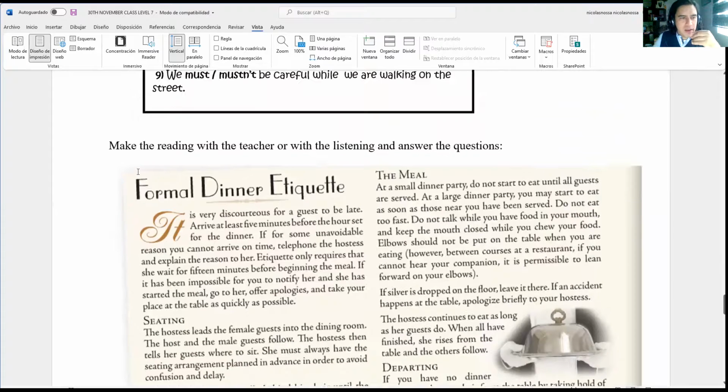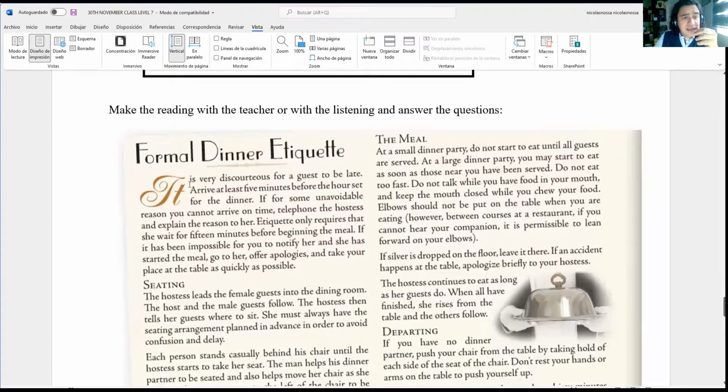Formal dinner etiquette. It is very discourteous for a guest to be late. Arrive at least 5 minutes before the hour set for the dinner. If for some unavoidable reason you cannot arrive on time, telephone the hostess and explain the reason to her.